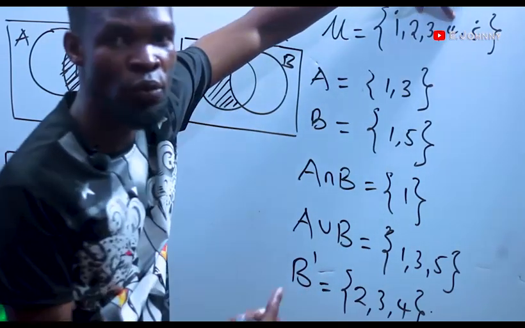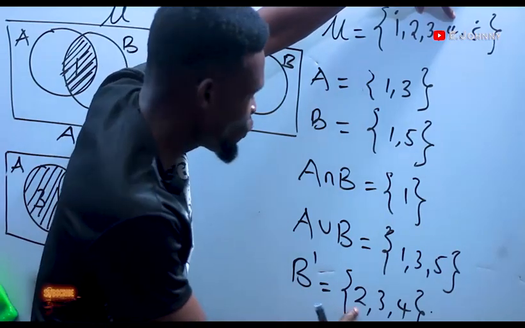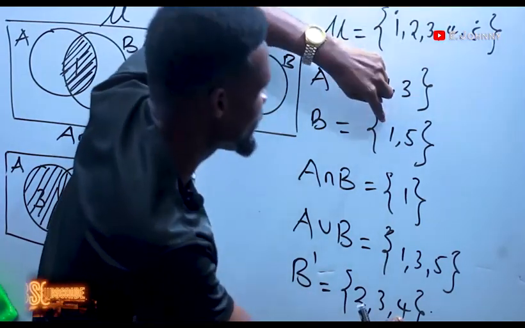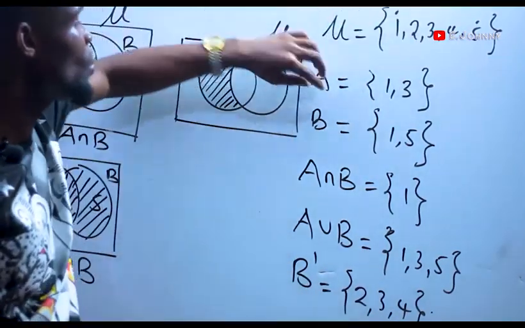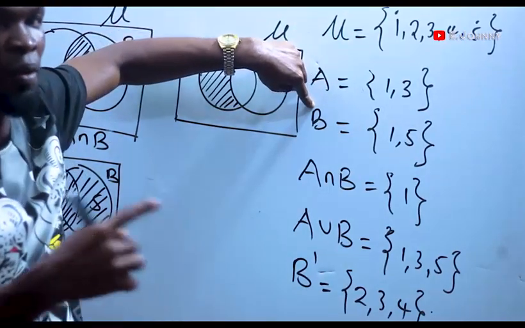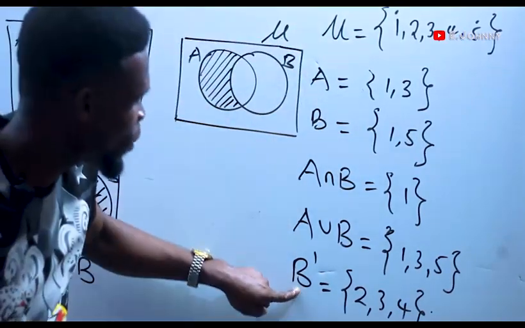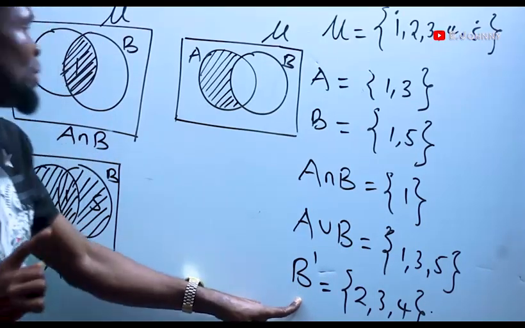And of course, those elements 2, 3, and 4 are in the complement set. And actually, 2, 3, and 4 are not in set B. So elements that are not in set B, which is 2, 3, and 4, are found in the complement set, B complement.